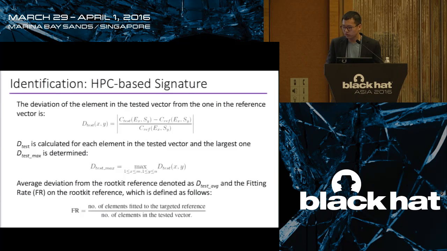And the last one is, since now we have many points or many signatures for each rootkit, we want to know how similar two rootkits are when comparing those two vectors, right? So the way we do it is that we compare the deviations in each entry in the vector, and we see how many are within the threshold deviation.